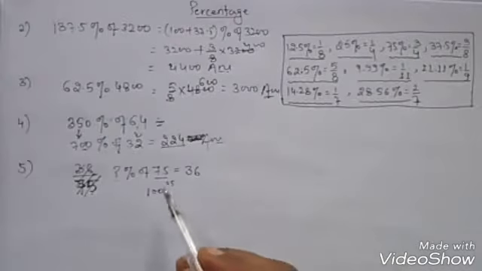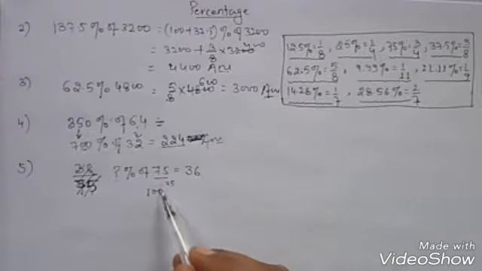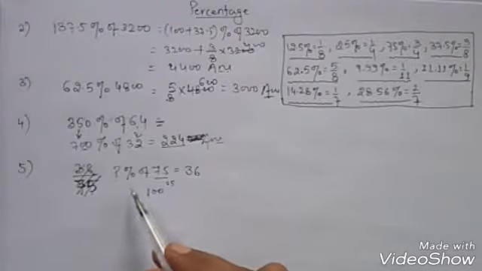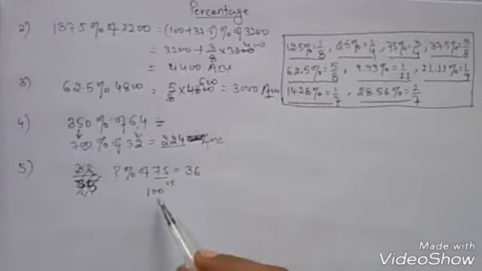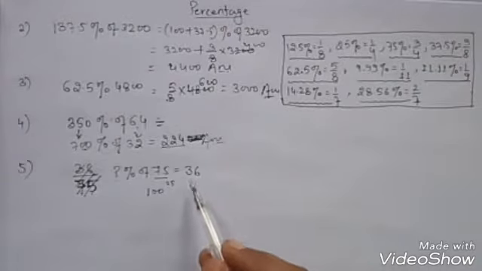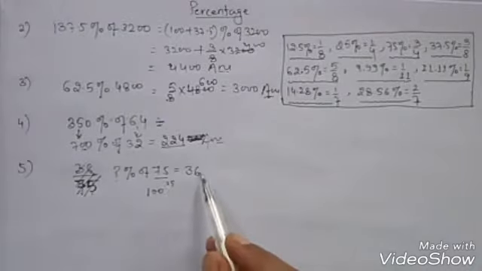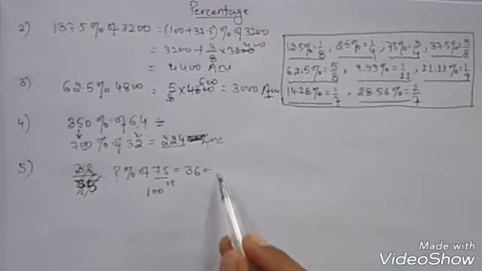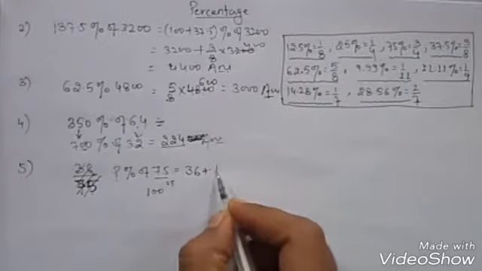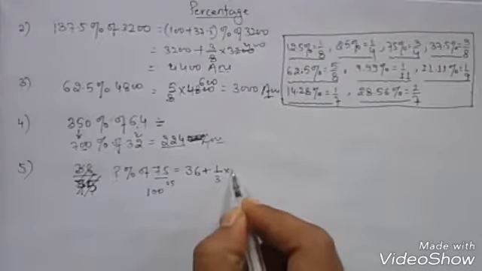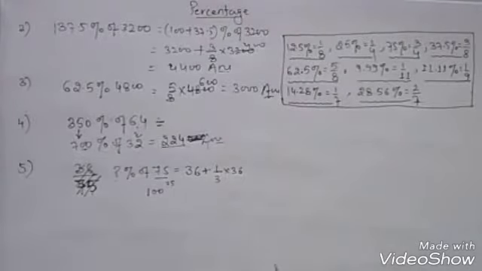So why do I convert this 75 to 100? Because we all know the percentage of any number with respect to 100 is the same number. So whatever number comes after adding 1/3 of this number would be the answer, right?